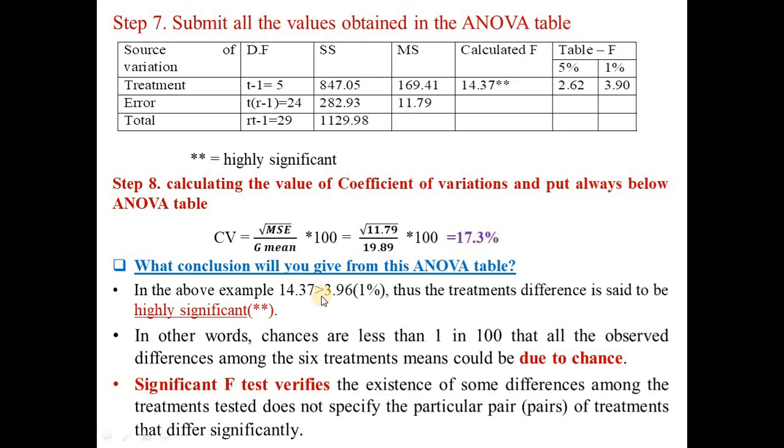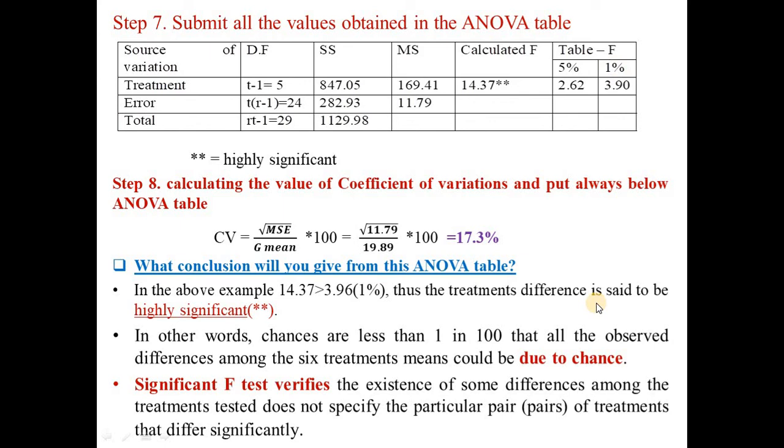Therefore, with all these values, what conclusion may we generate from this ANOVA table? In this example, the value 14.37 is greater than 3.90 at 1%. This value is greater than this one at 1%.